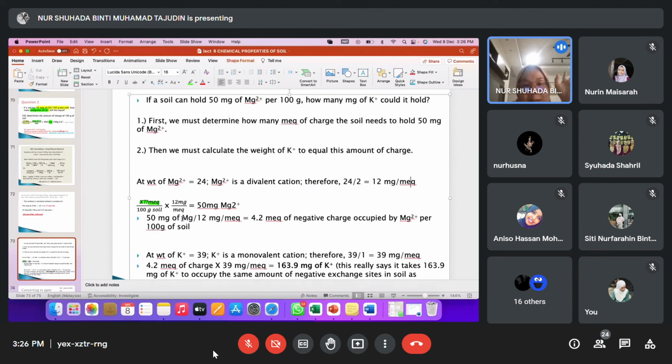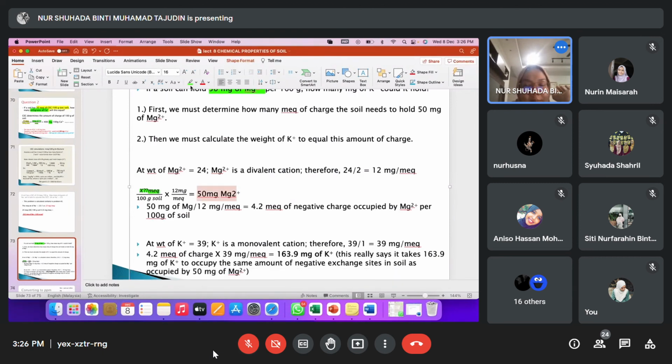So this is the one here. Correct, Nurin? So how many MEQ will be equal to 50 mg of Mg? Just multiply, then you get the answer: 12 MEQ.